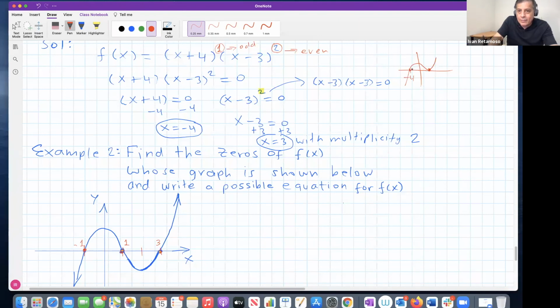At -4, it crossed the graph. And this one touches and goes away because this was even. So what would be the zeros of the polynomial function and then some possible equation?